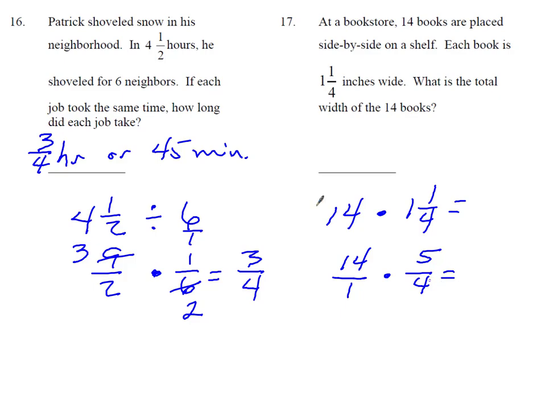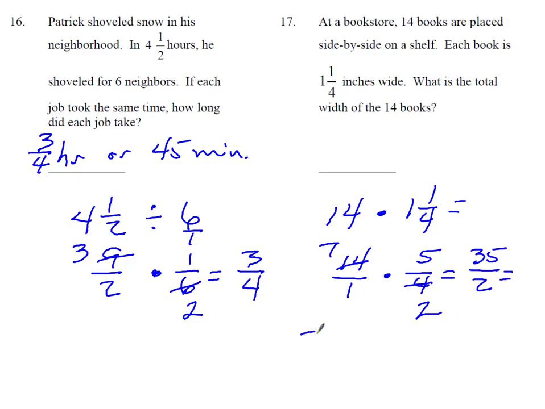Well, I notice that the 14 and the 4 have a 2 in common. So I can divide them by 2. So this turns into a 7. The 4 turns into a 2. Now when I multiply across, I get 35 over 2. And then we simplify that. How many times does 2 go into 35?